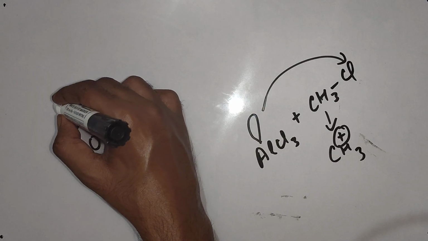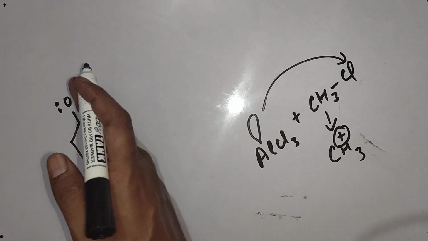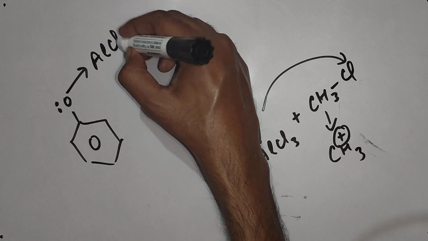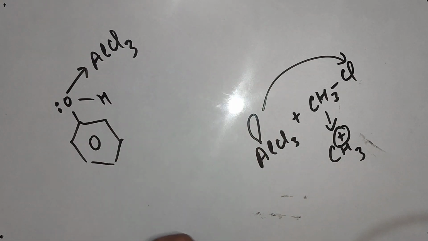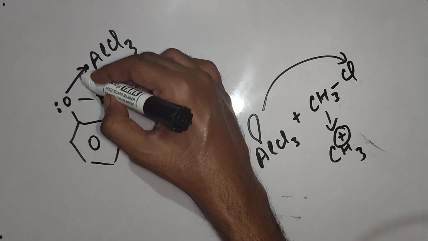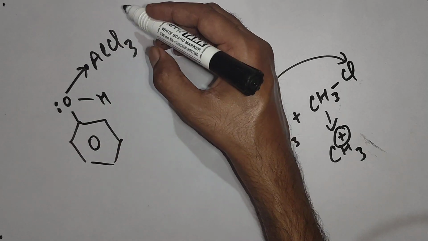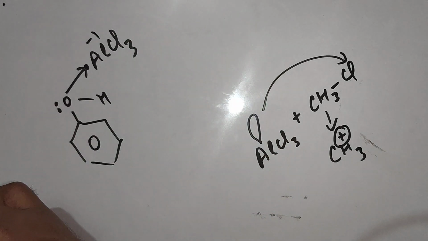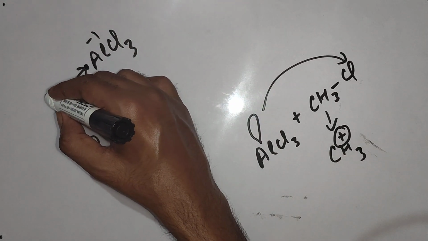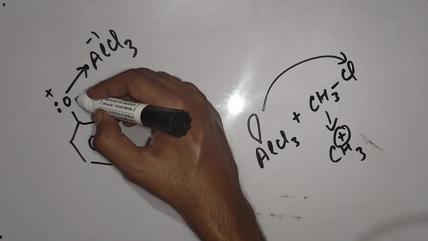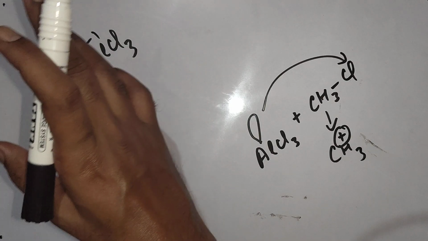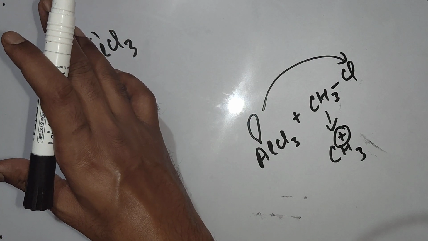Obviously, when oxygen delivers a lone pair to the aluminium, a coordinate bond will generate between aluminium and oxygen, in which, because one electron oxygen will completely transfer toward aluminium, a negative charge will come on aluminium, and because oxygen is losing one electron completely toward aluminium, a positive charge will come on it, and this compound will generate there.